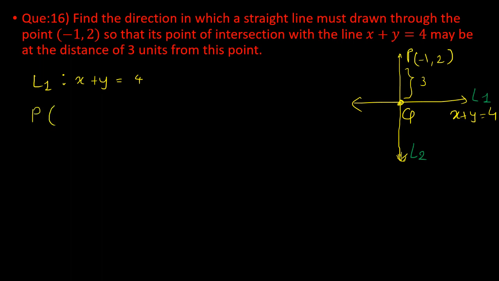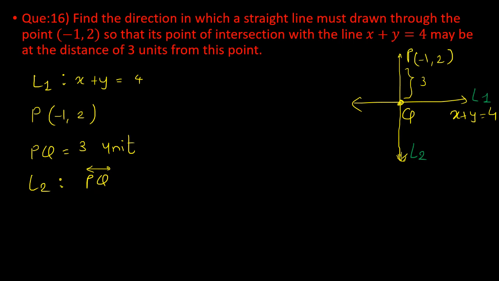Coordinates of P are -1 and 2. Distance PQ is again 3 units, which is given, not from my side. So let us find the equation of line PQ, or say L2. The line PQ I have named L2.